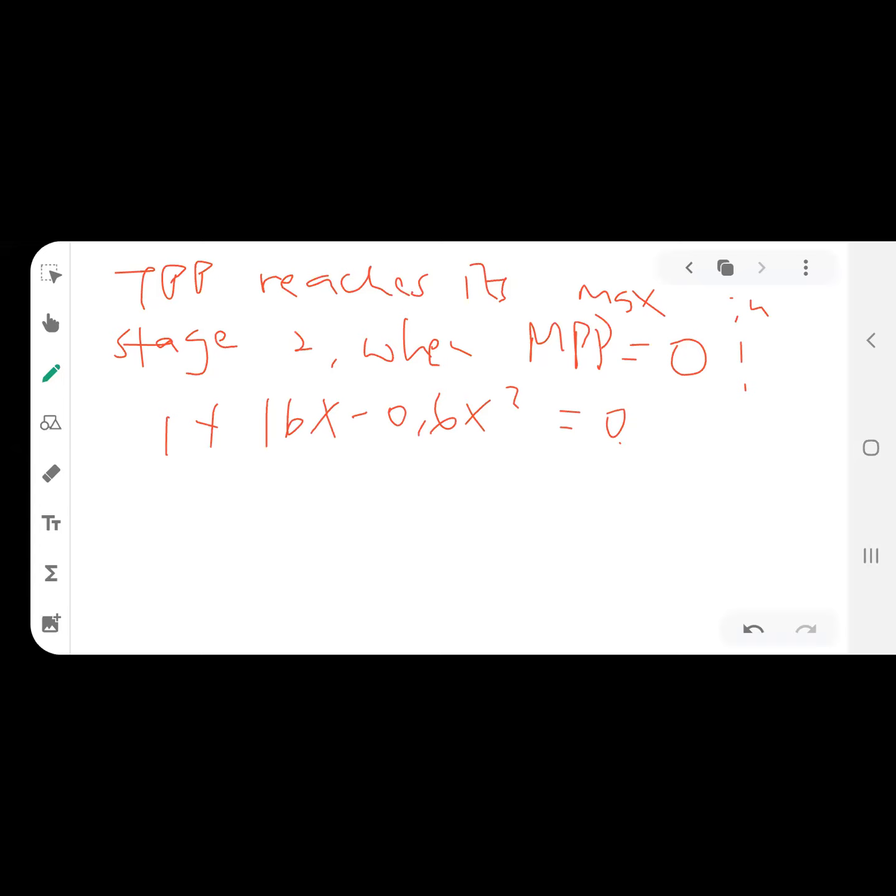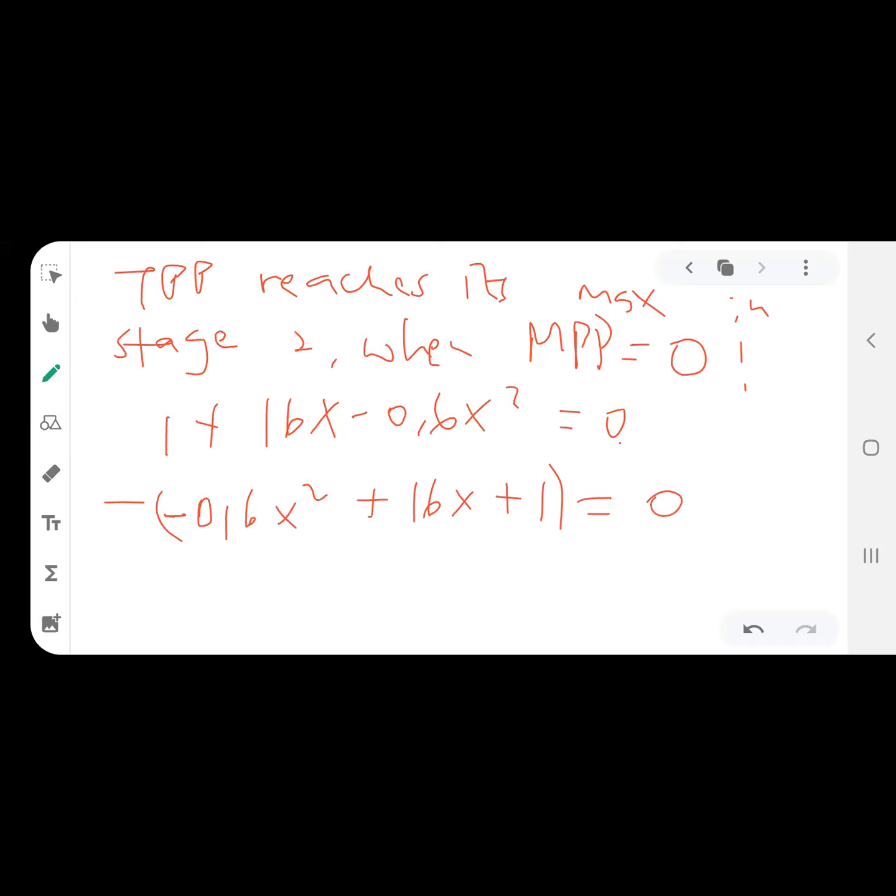So we have negative 0.6x to the power 2 plus 16x plus 1 equals 0. But mathematically, you cannot solve this equation when the coefficient of x squared is negative, right? To simplify things, you have to multiply the whole equation by negative.